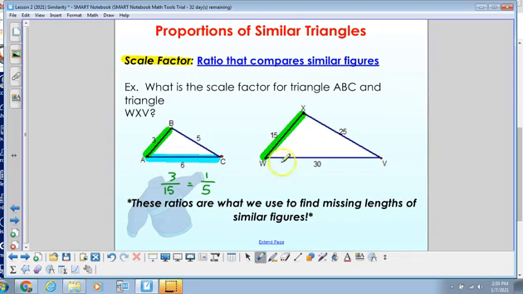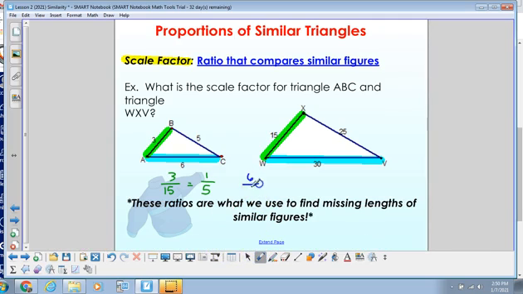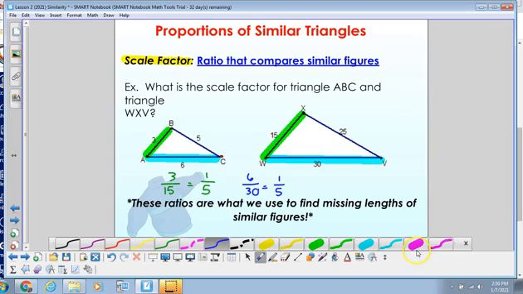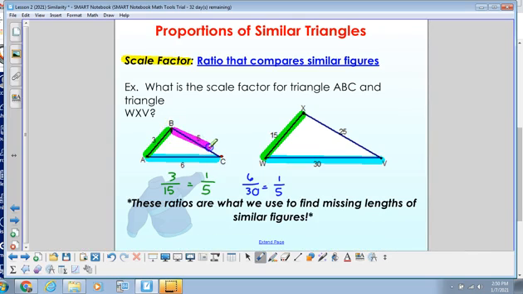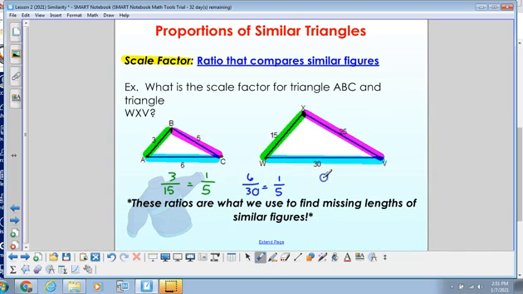Here, AC matches up with WB. So that ratio, 6 over 30, we can reduce to 1/5. And our last set of corresponding parts, BC and XB, match up. So 5 over 25, which can reduce to 1/5. So you see all of them right here, our scale factor is always the same.